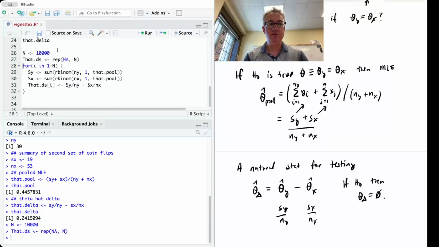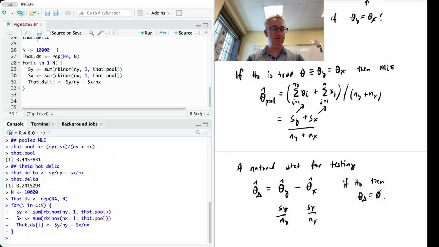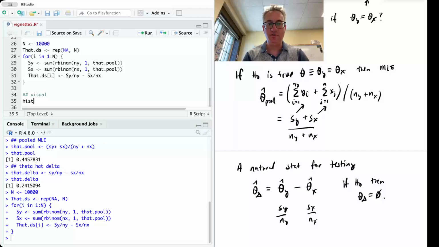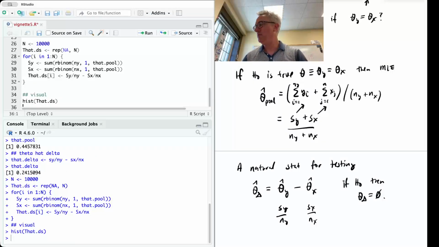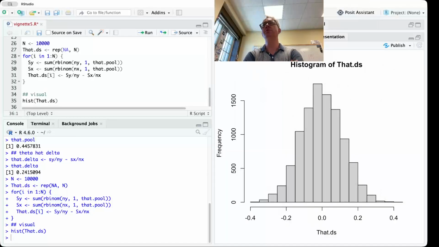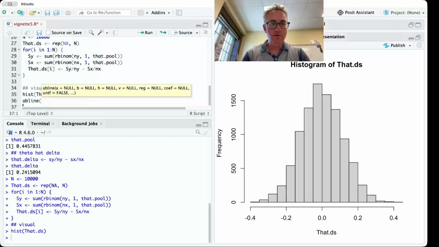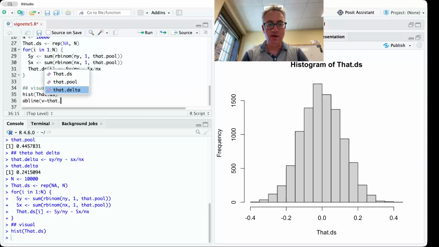So let's run that simulation. That was really fast. And then we can do the visual. Okay, so histogram of these theta hats, which I need to show you. So there is the histogram. And then I need to put on that the observed value, V equals theta hat delta.